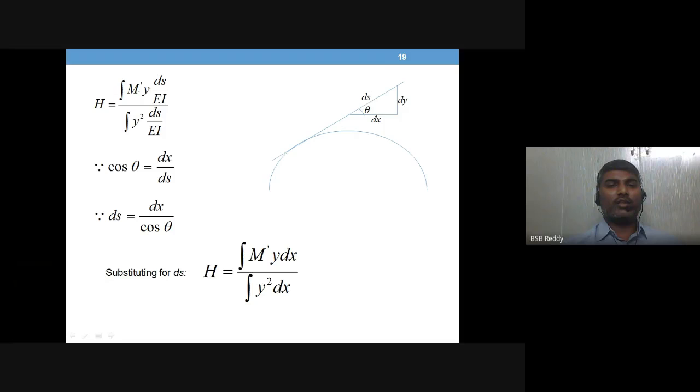So integral m dash y ds by EI in the numerator divided by integral y square ds divided by EI in the denominator. This is the generalized equation in general for arches, right?